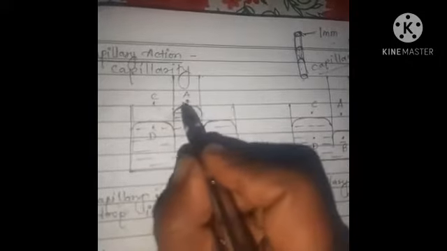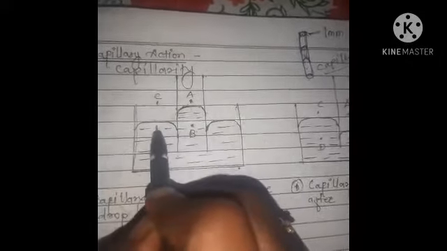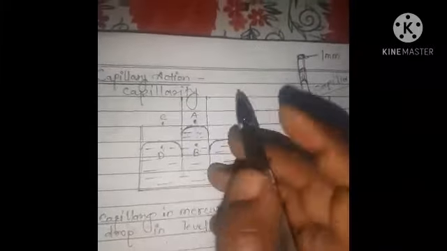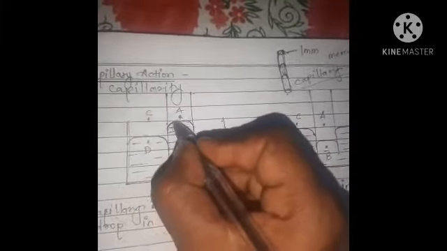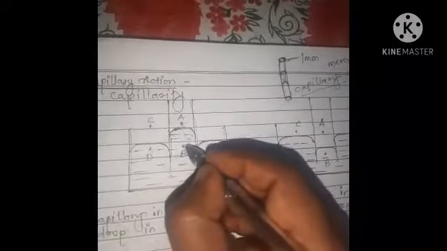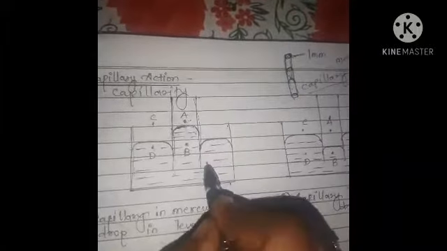Consider 4 molecules A, B, C and D, such that molecule A is just above the convex surface inside the capillary tube, and molecule B just below the convex surface and inside the capillary tube.